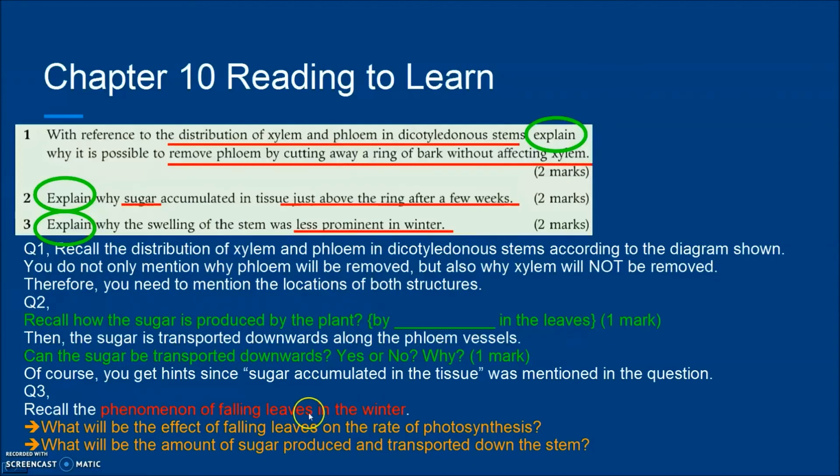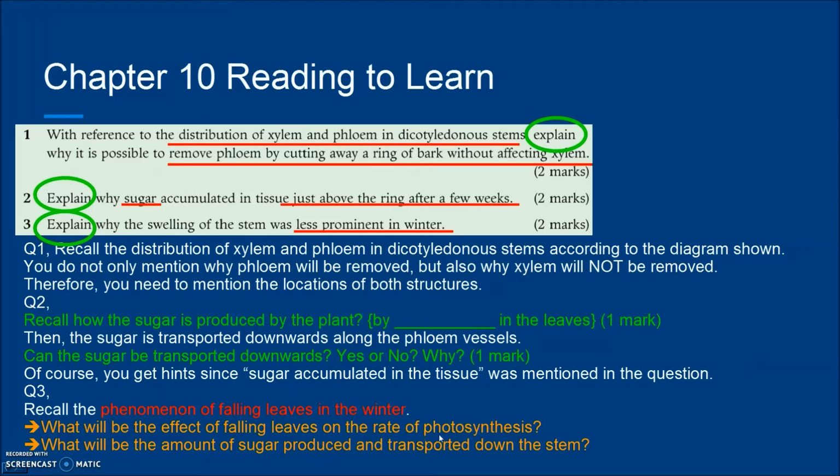Of course this question focuses on the falling leaves, but in winter there are also other environmental factors that affect the rate of photosynthesis. For example, the temperature in winter, the light intensity in winter, or the duration of daytime in winter will also affect the rate of photosynthesis.